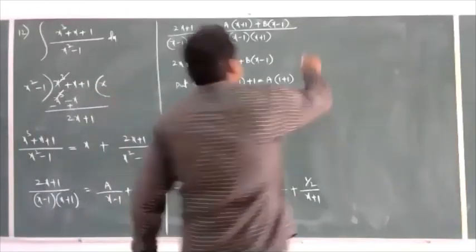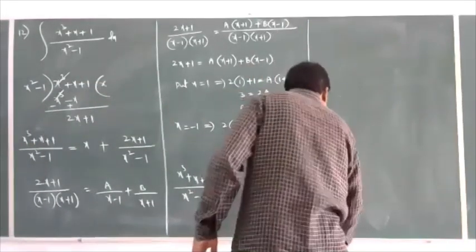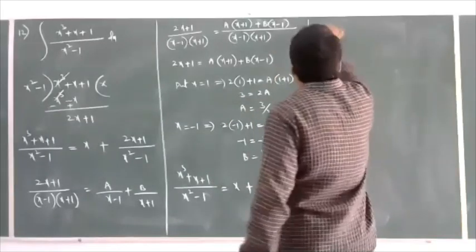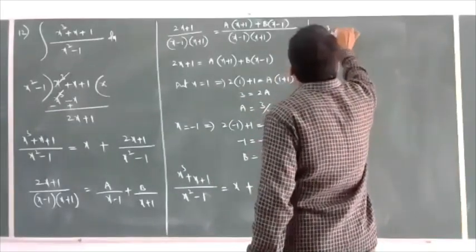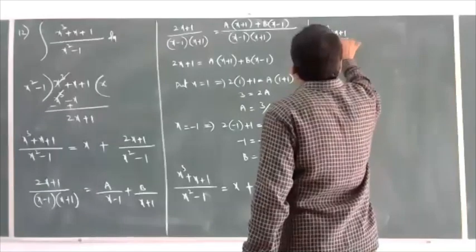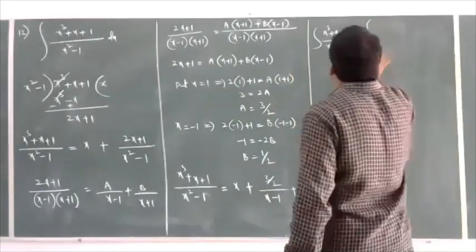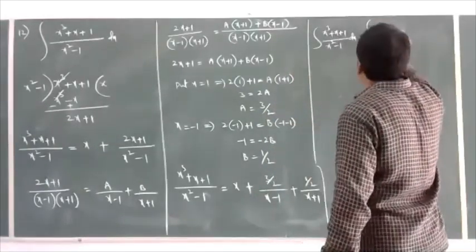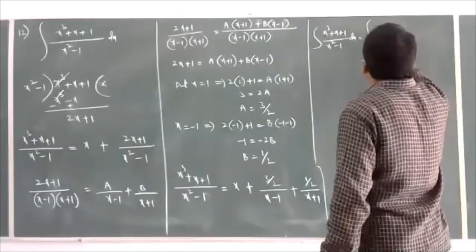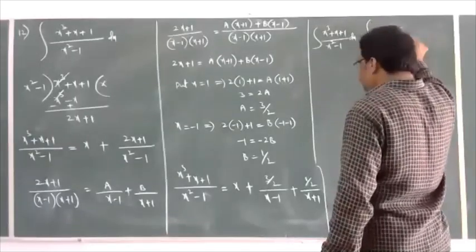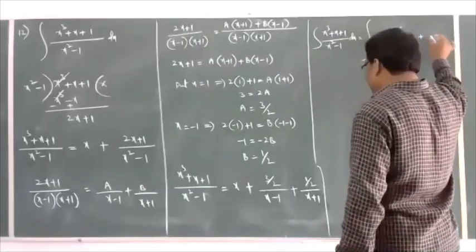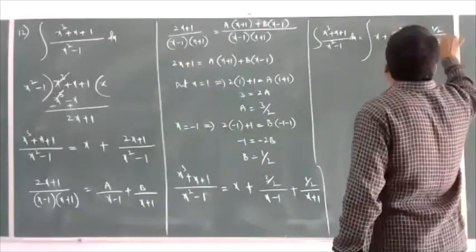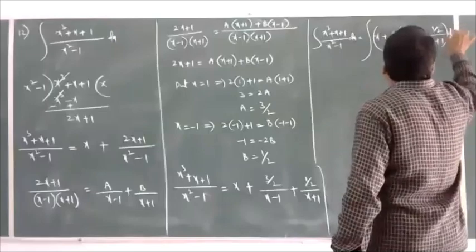Then integrating on both sides, integral (x cube plus x plus 1) by (x square minus 1) dx is equal to integral of x plus 3 by 2 by (x minus 1) plus 1 by 2 by (x plus 1) dx.